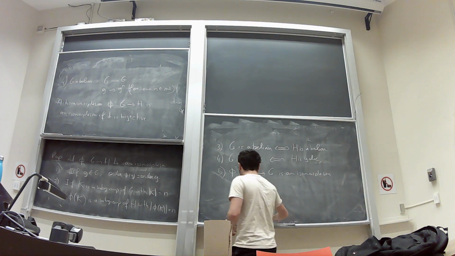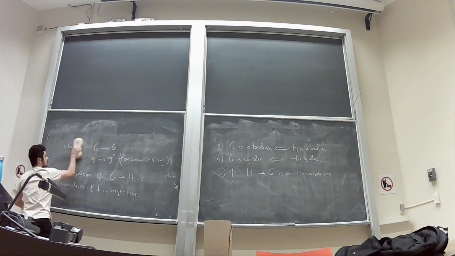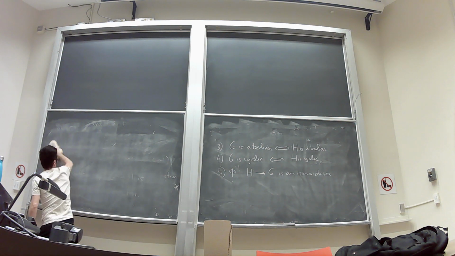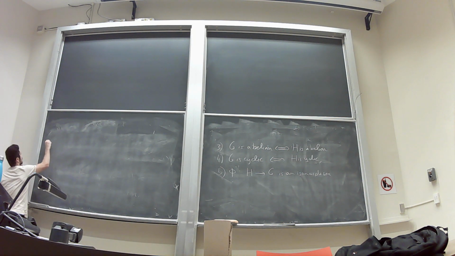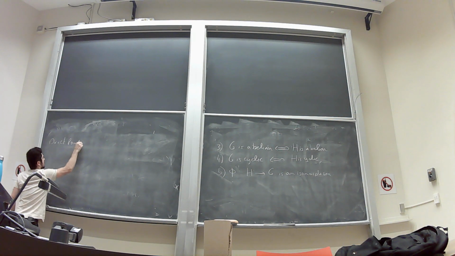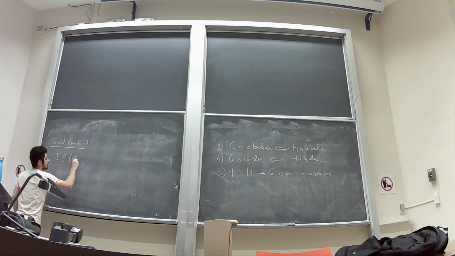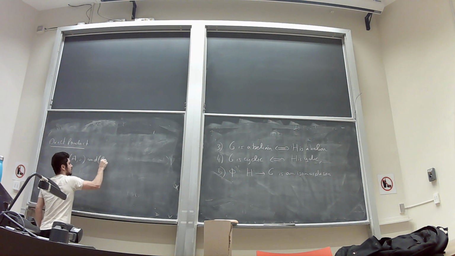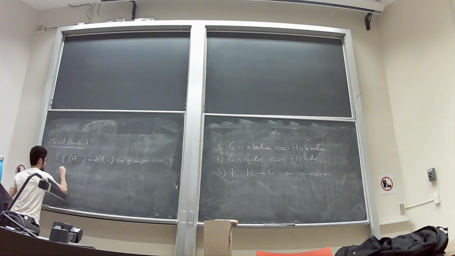Let's give an example. In one of the previous assignments, you have seen the product group, right? The direct product, let's say. You have seen that if A with operation circle and B with operation dot are groups, then A times B is a group.